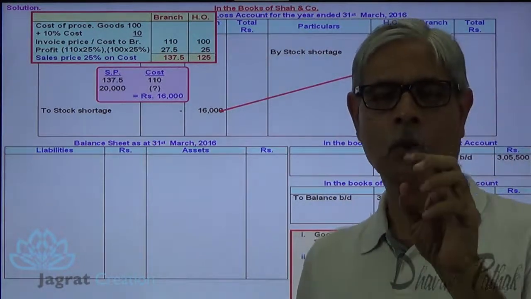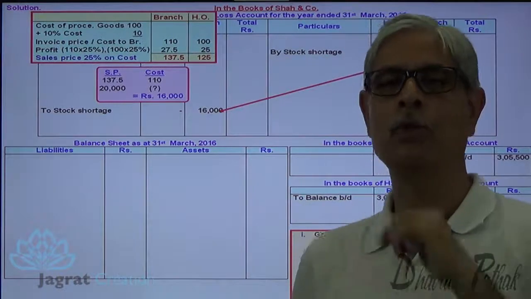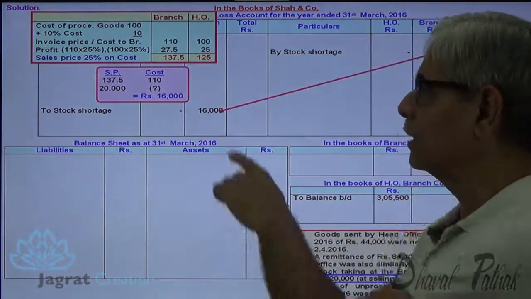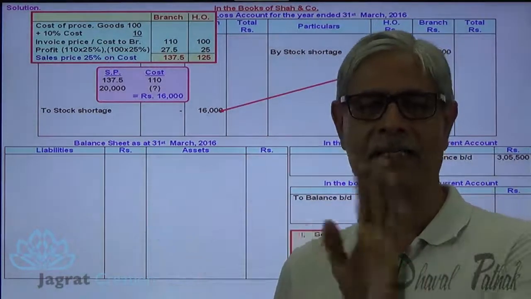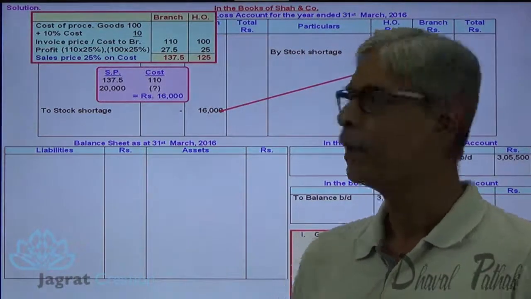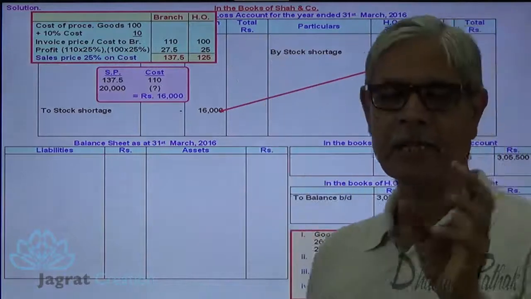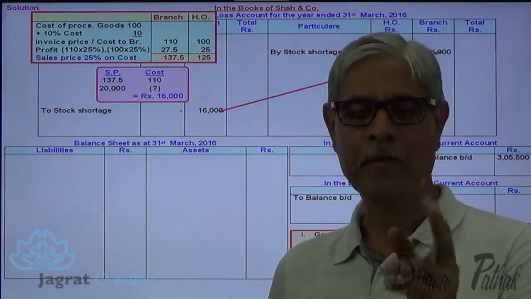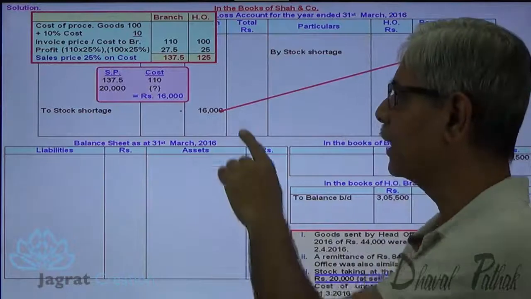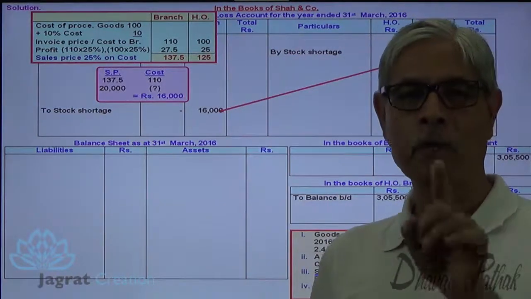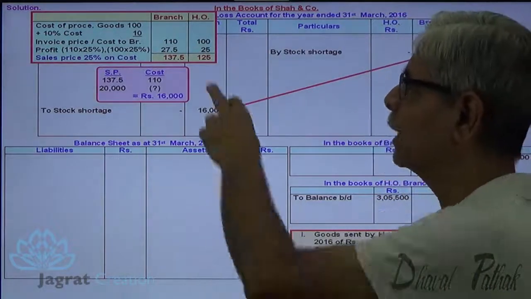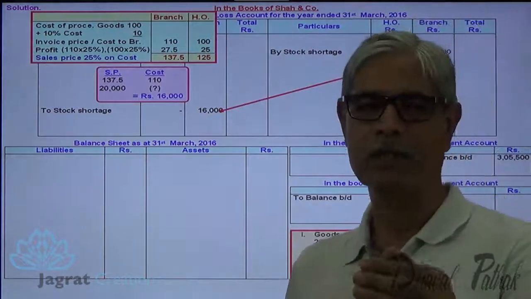Now what is the cost of this shortage to HO? This 16,000 is the cost of shortage to the branch, that is recorded in the books of branch. In the total column, it is a consolidated amount for HO and branch together. So what is the cost of this 16,000 for HO head office? So HO has given the goods at 10% load.